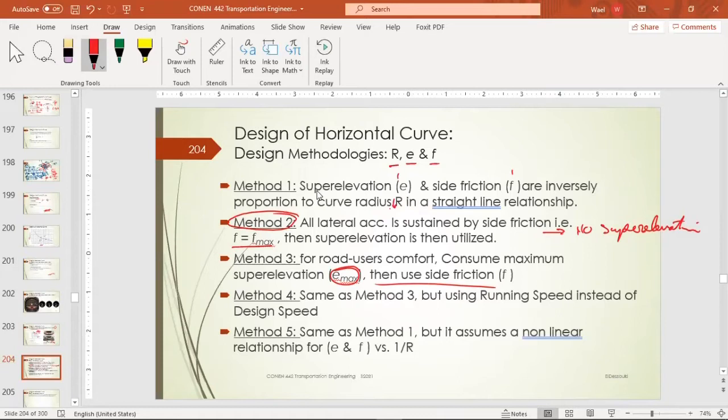Method 4 is the same as method 3, but using running speed instead of design speed. Method 5 is the same as method 1, but it assumes a nonlinear relationship of E and F. In reality, in most cases, we try to go with method 3 or method 2, depending on the situation. Any questions so far?